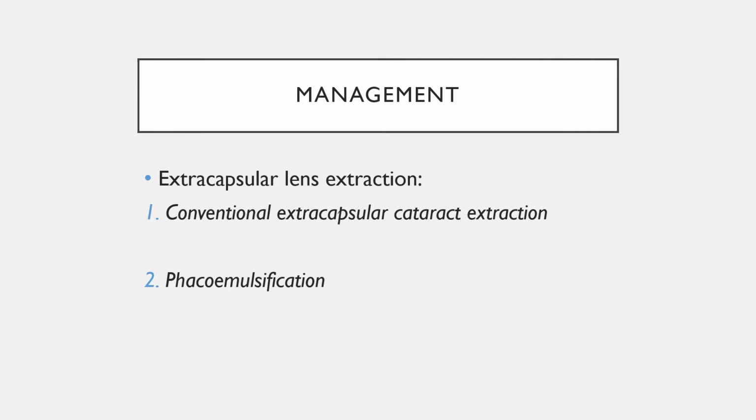But effectively, what they do is they make a small incision into the cornea, a couple of millimetres at most. They then insert an ultrasound probe into the capsule, and they emit high intensity ultrasound waves, which breaks down the lens into little pieces.